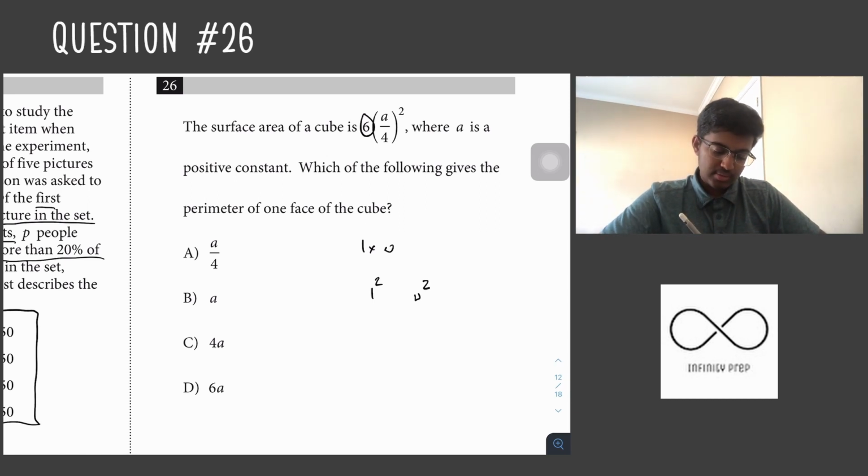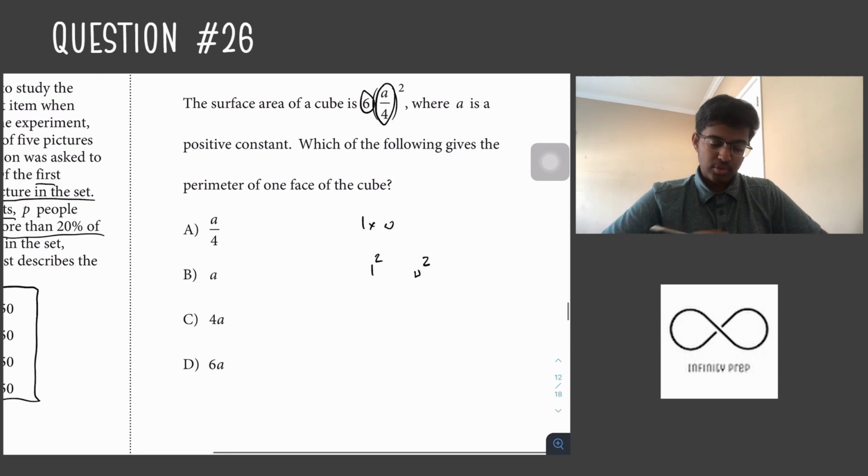So this a over 4 right here is the length of one side of a square. And when you square this, you get the area of one face of the cube. And since there are 6 faces in a cube, you multiply this by 6 to get the surface area of the cube.